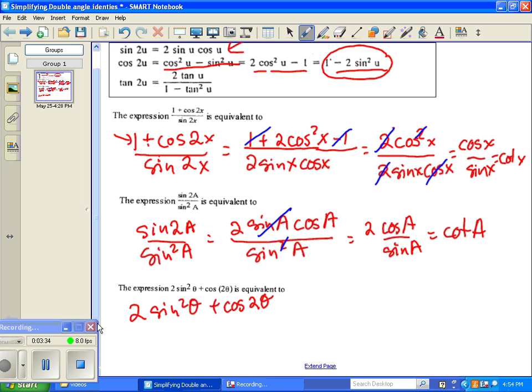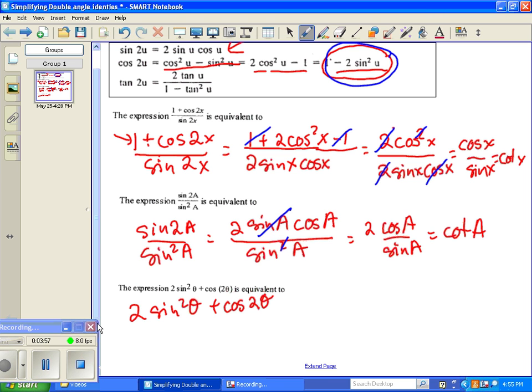Again, we have 3 choices up above, but one of them kind of sticks out because we can't change the sine squared, but we have one choice up above for the cosine of 2u that only has a sine squared and no other trig function. Okay, so which is the last choice? So we can see this guy.